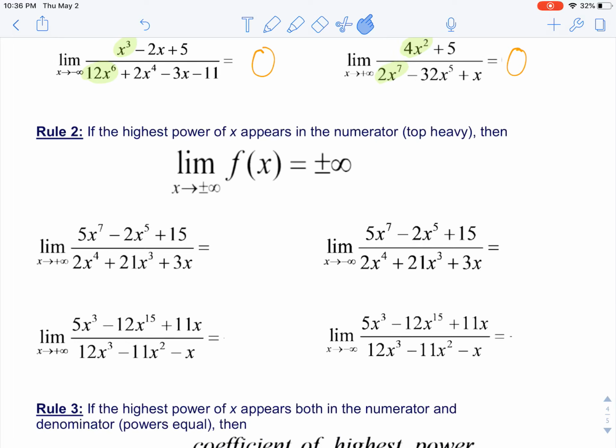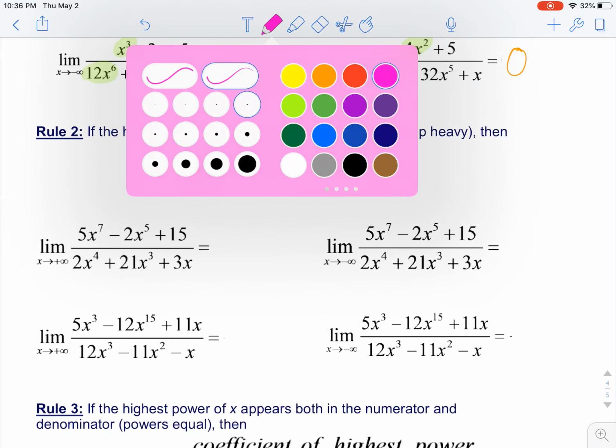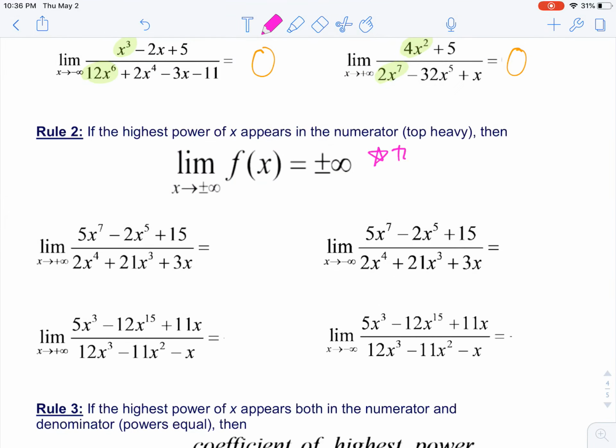If the highest power of x appears in the numerator, that's top heavy, so we could say that the top dominates. When that happens, we're either going to go to positive infinity or negative infinity. So what you can do is look at your leading coefficients and then simplify it.